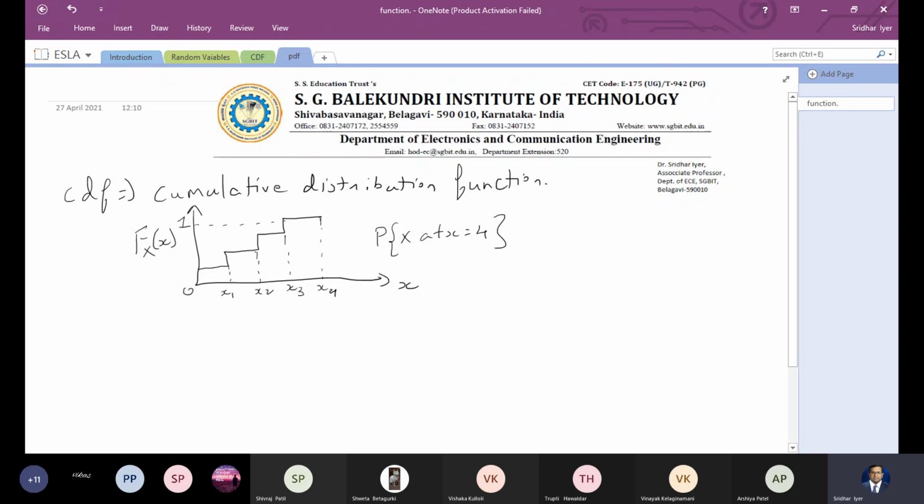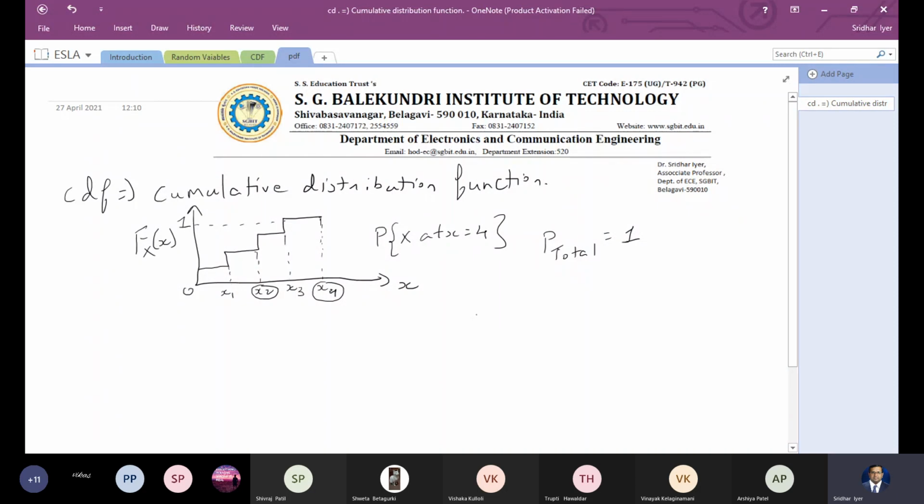So this will be the probability here. At every point, let's say x4 or x2, I can get the probability value. Further, if I add all these probabilities, that total probability, P total, is going to be 1.